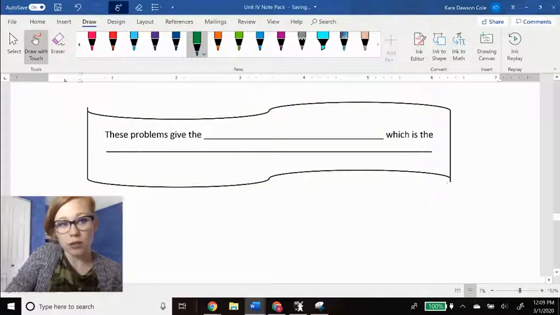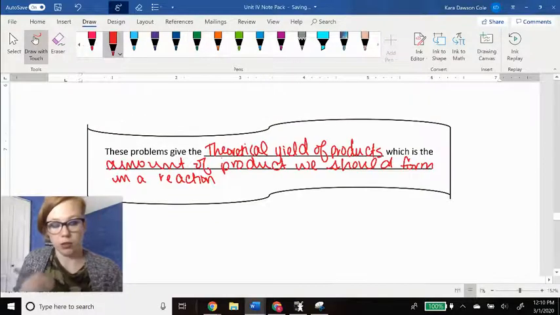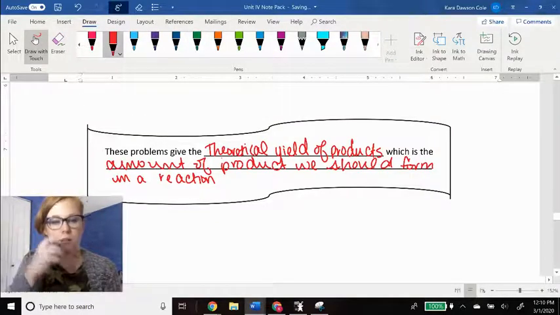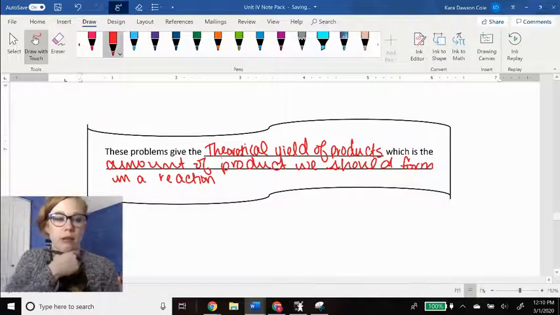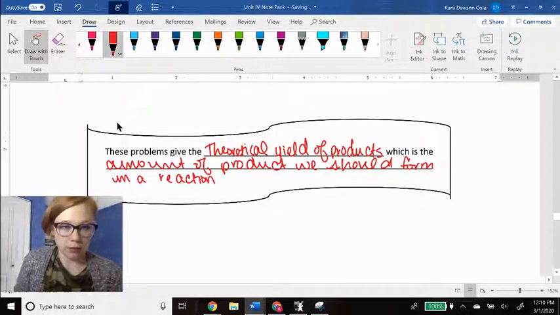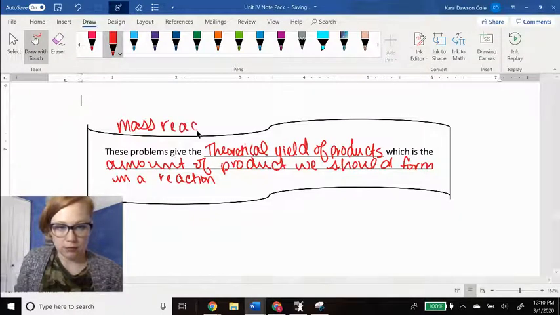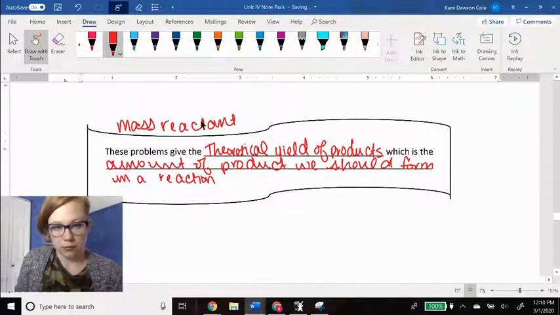This is a big thing. Theoretical yield of the products is the amount of the product that we should form in a reaction. These are specifically for mass of a reactant to mass of a product.